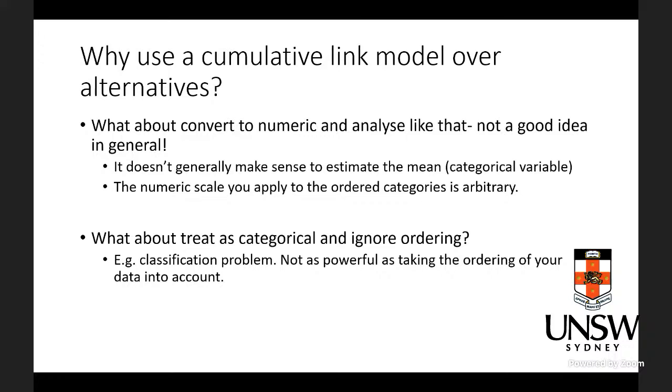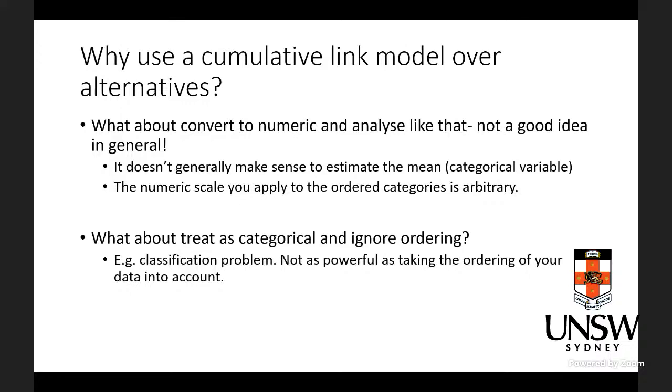The numeric scale that you apply to these ordered categories is arbitrary. You've applied a linear scale, but you could also apply a quadratic scale or a log scale to the numbers, and you'd still have that same order. So it just doesn't really make sense.